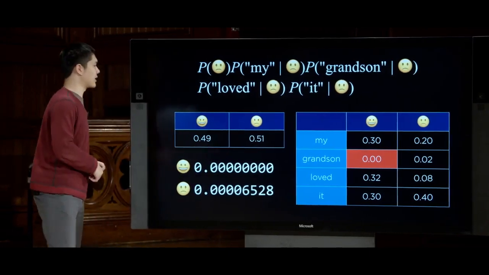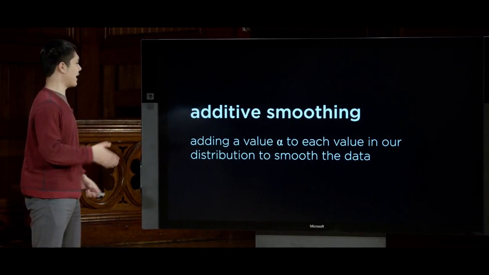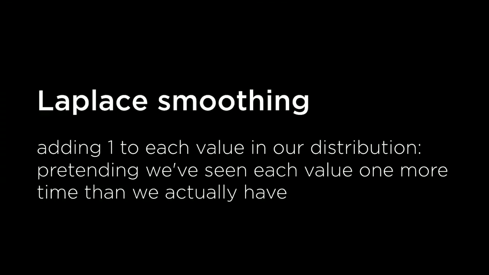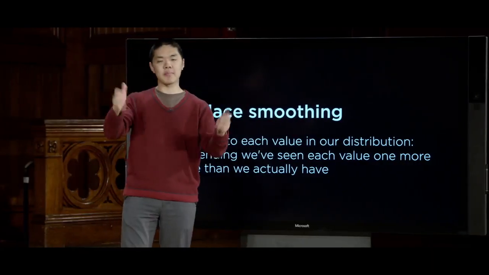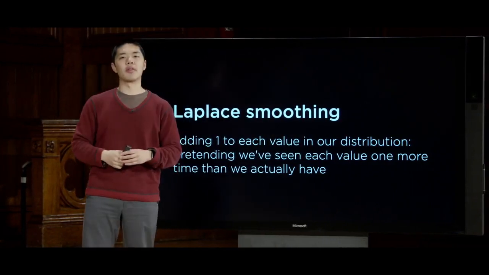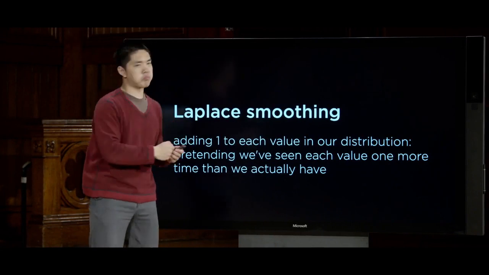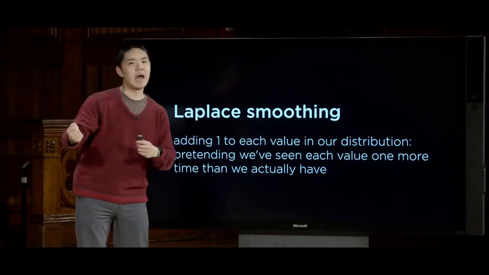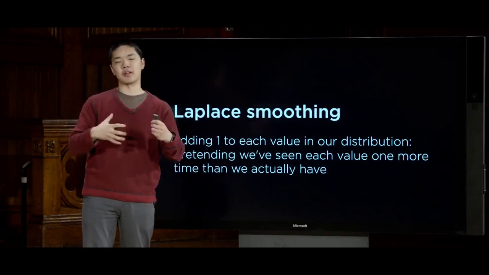So one approach that's fairly common in naive Bayes is this idea of additive smoothing, adding some value, alpha, to each of the values in our distribution just to smooth the data a little bit. One such approach is called Laplace smoothing, which basically just means adding 1 to each value in our distribution. So if I have 100 samples and 0 of them contain the word grandson, well, then I might say that, instead, let's pretend that I've had one additional sample where the word grandson appeared and one additional sample where the word grandson didn't appear.